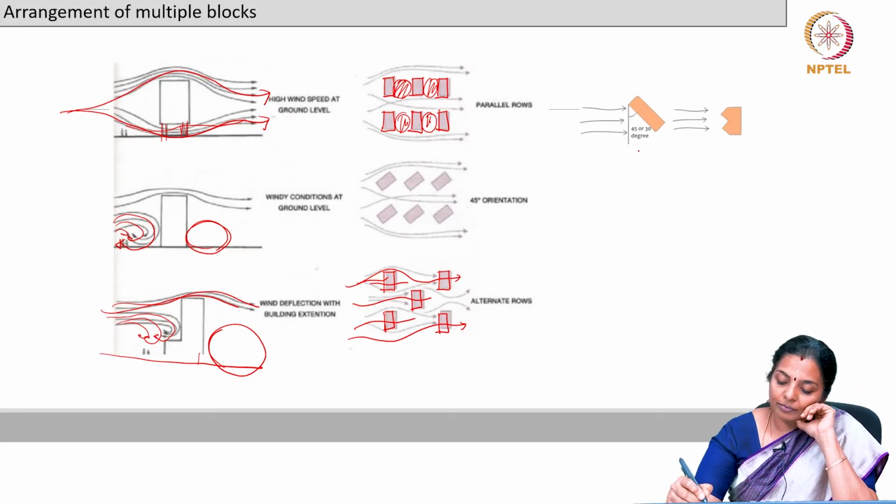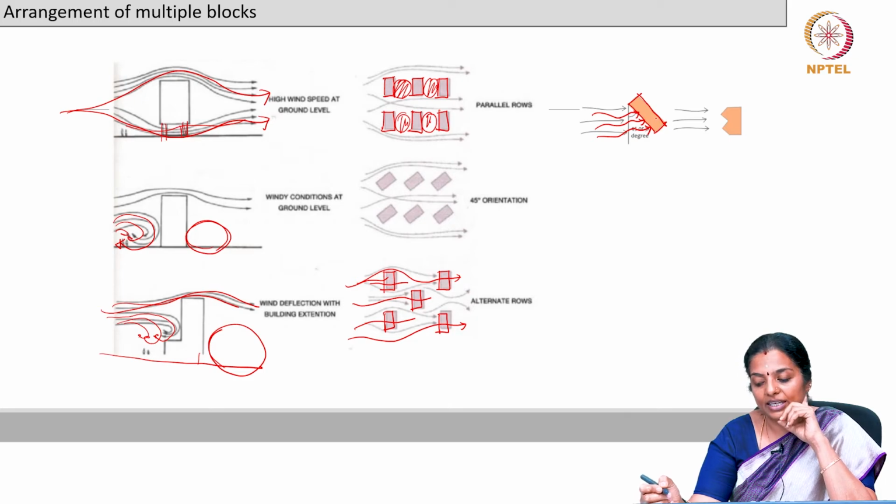It is seen that it is best to orient a block between 45 to 30 degrees of the primary prevalent wind direction. So, a tilt of 45 to 30 degrees is considered best to enhance indoor air movement inside the building.